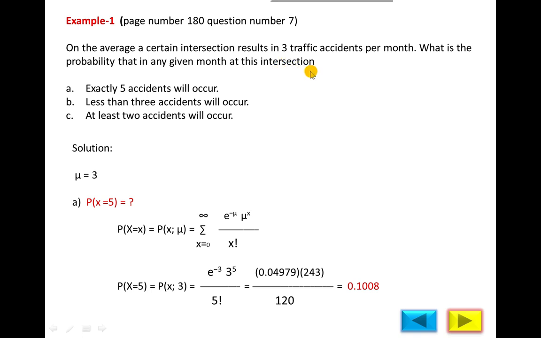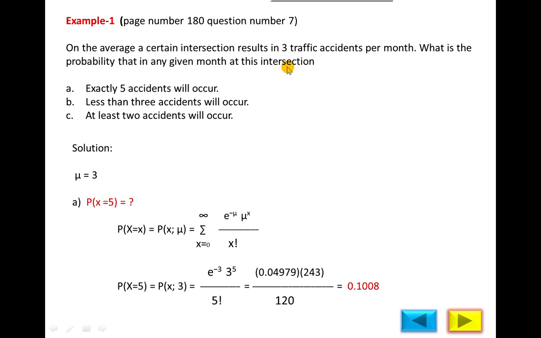Suppose you collect the data from 6 a.m. to 8 a.m. for up to 1 month. So you will use the same average value for the same time, 6 to 8 a.m. You cannot use this for 12 noon to 3 p.m. So the area, time and intersection should be the same.